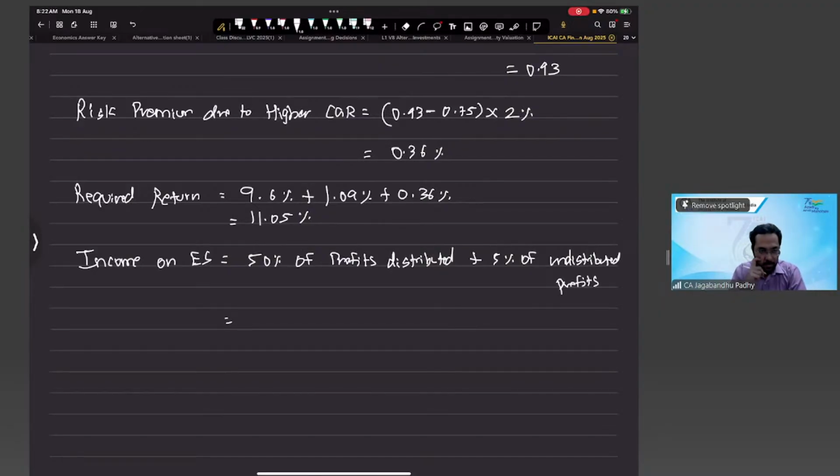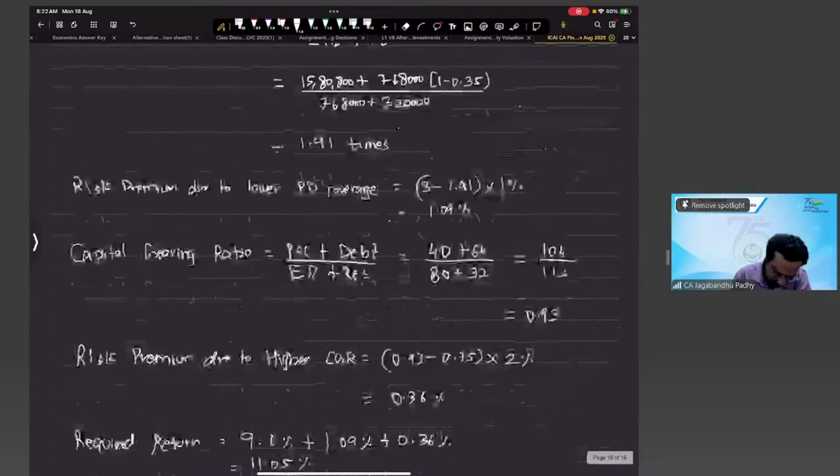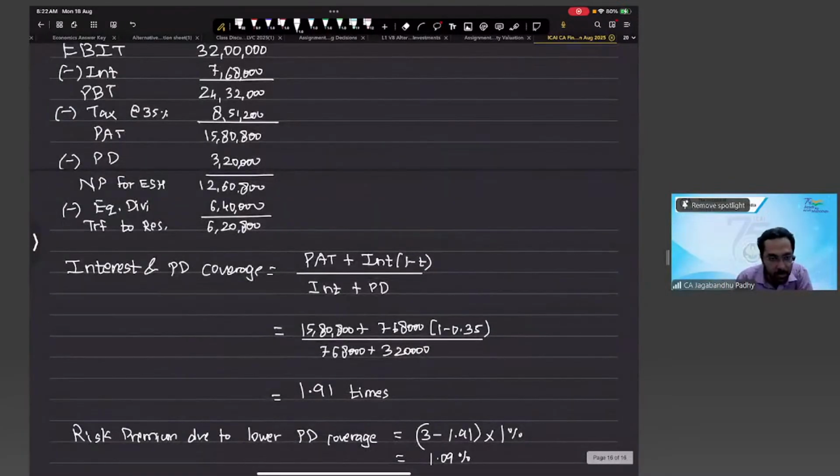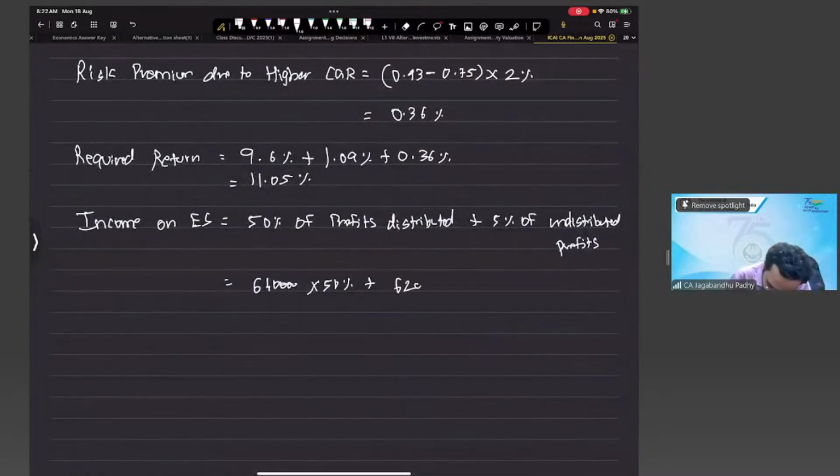So 50% of distributed profits is 6,40,000 into 50%, plus what was the undistributed profit? 6,20,800 into 5%. So what is this number, guys?